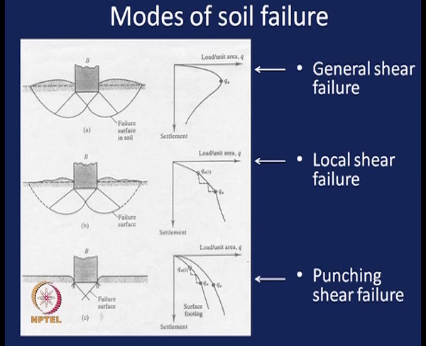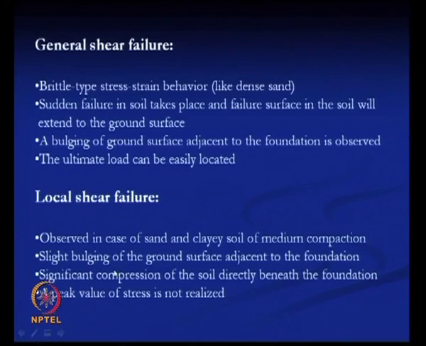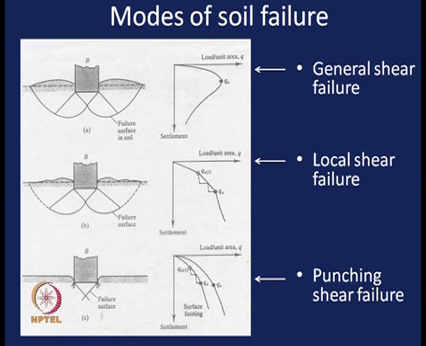You can see this dotted line. As mentioned, significant compression or sufficient deformation is observed directly beneath the foundation. To reach this failure surface beyond to the ground surface, a sufficient amount of movement in the soil is required.